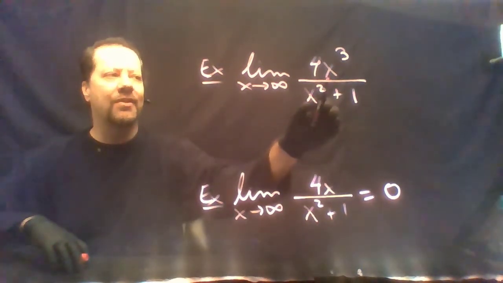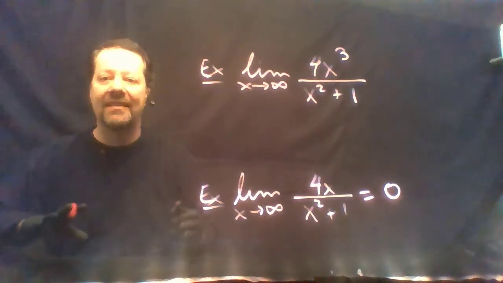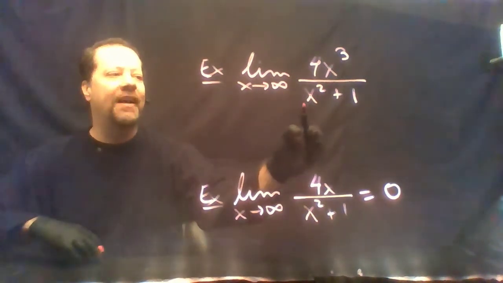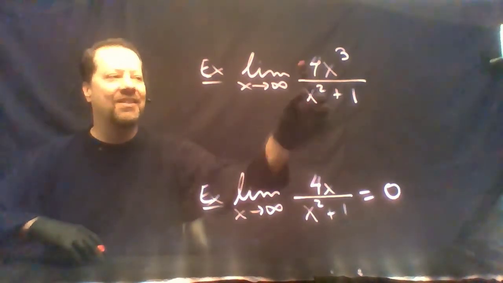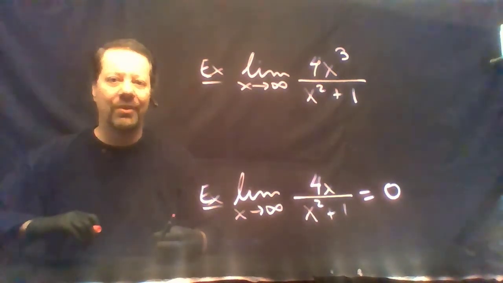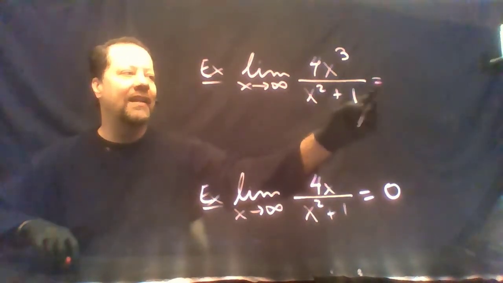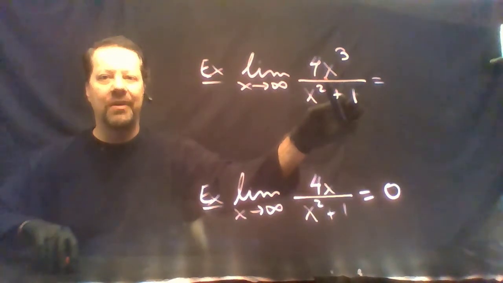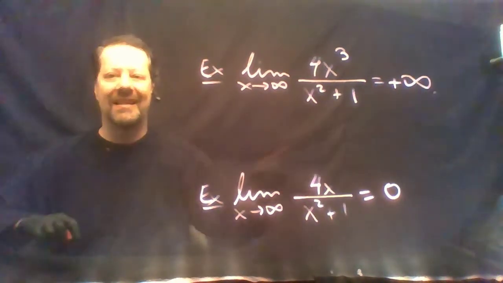But what is 1,000 cubed? 1,000 cubed is 1 billion, so the numerator is 4 billion, and we're divided by 1 million-ish. This fraction is very, very close to 4,000 when x is equal to 1,000. I think you can see that as x goes big, the numerator wins the race to infinity this time, and you end up with positive infinity.